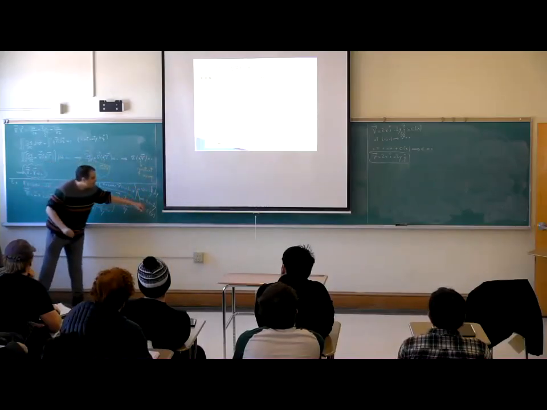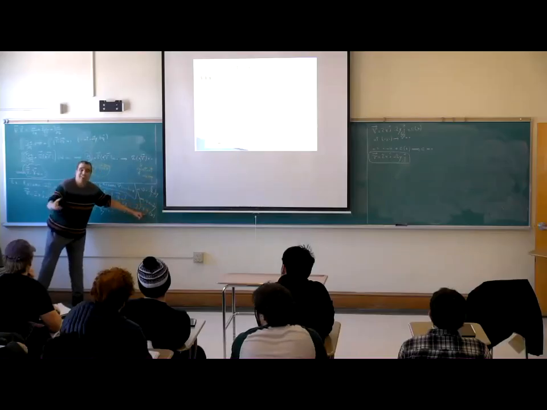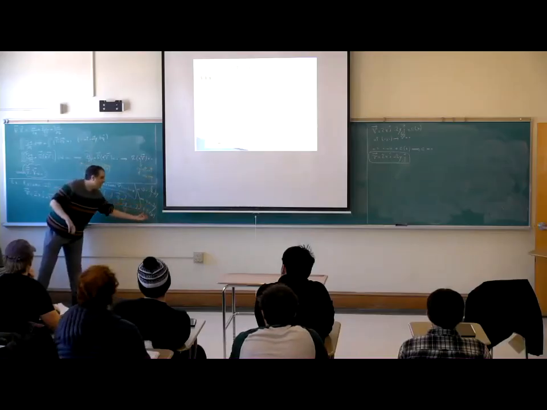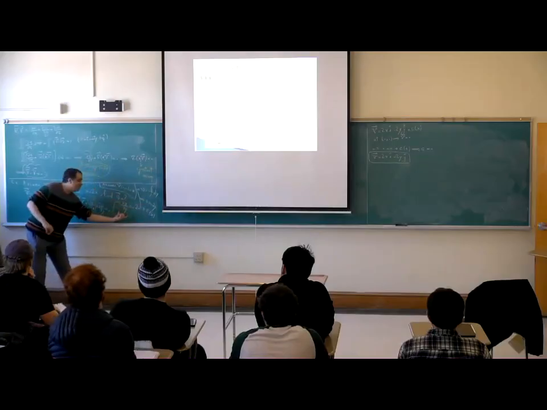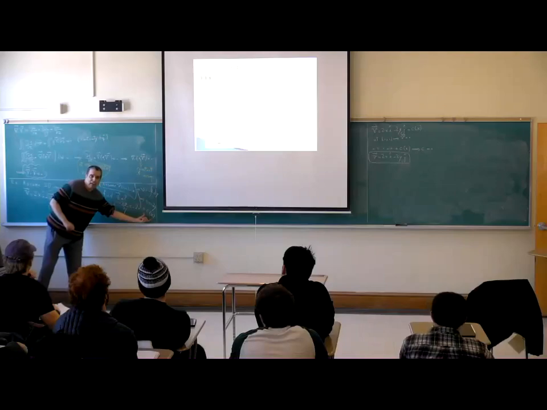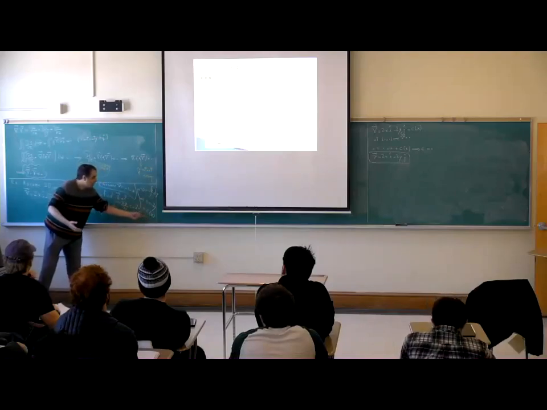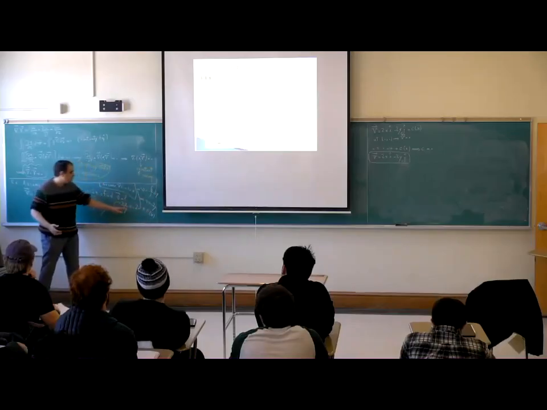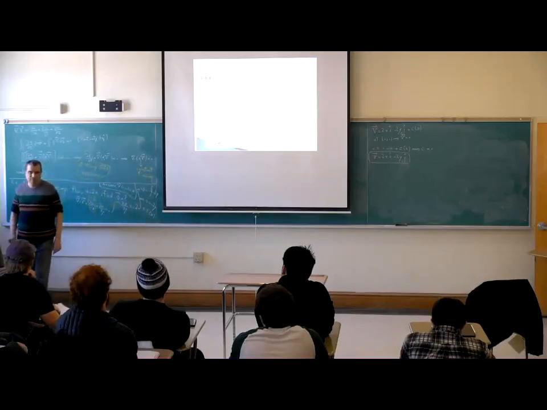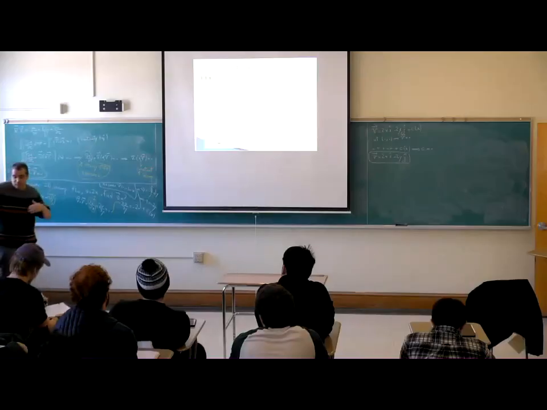V is minus 2y plus a function of x that doesn't give any derivative when I take the derivative with respect to y. If it is a function of y, it gives minus 2 plus c. But the question says minus 2, not minus 2 plus c. Okay? So it is a function of x.